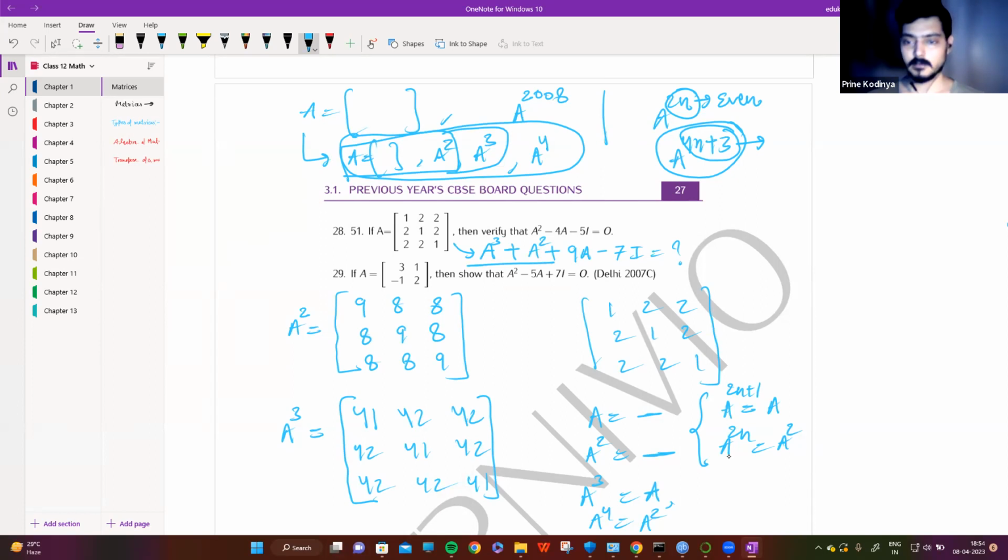So this would be 59, then 68, 68, 68, 59, 68, and then 68, 68, 59. Then minus 7I, and the final answer should be this. This should be the final answer for this expression.